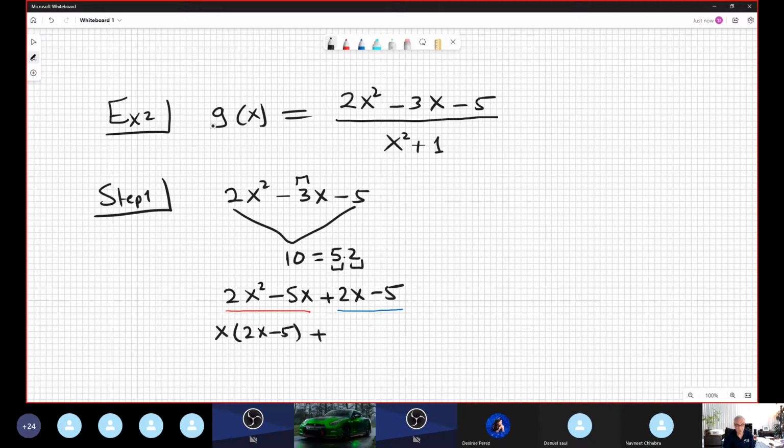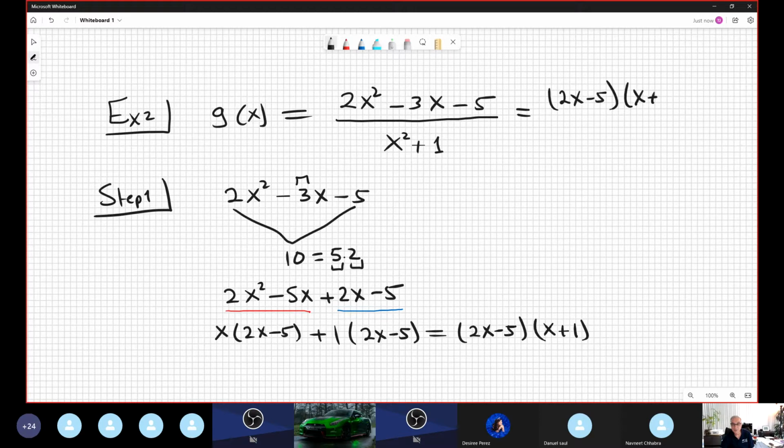In the second couple, we have no GCF. Well, actually, we always have a GCF, which is 1, 2x minus 5. And you factor out 2x minus 5, and in the last parenthesis, we have x plus 1. So I replace the trinomial with a binomial product: 2x minus 5 times x plus 1.